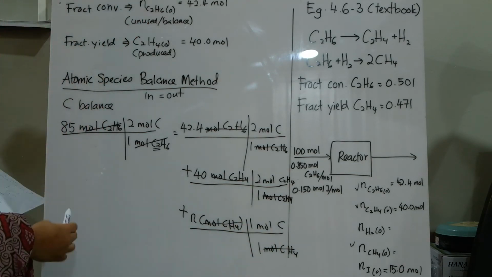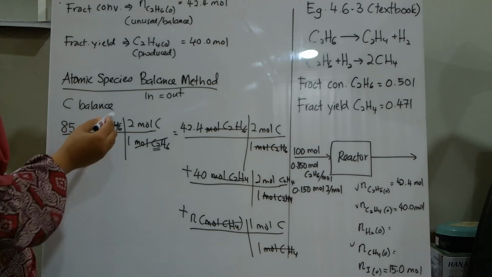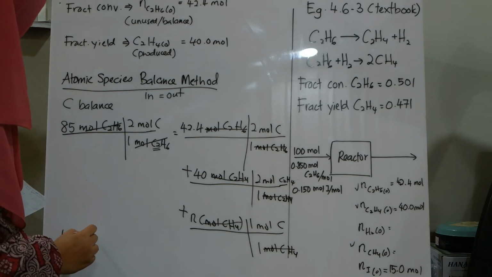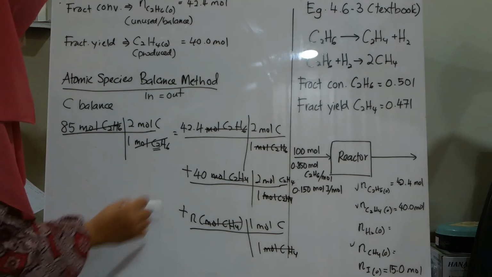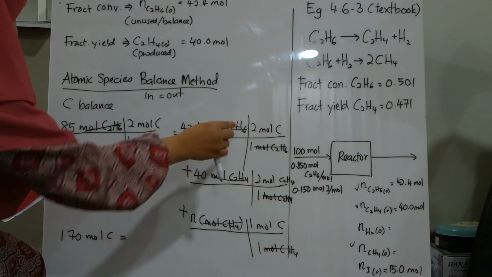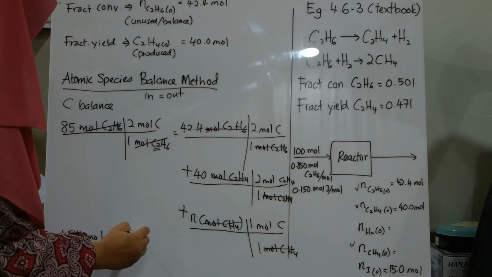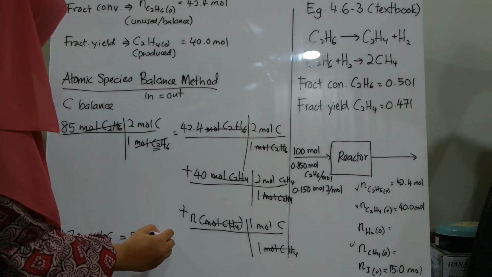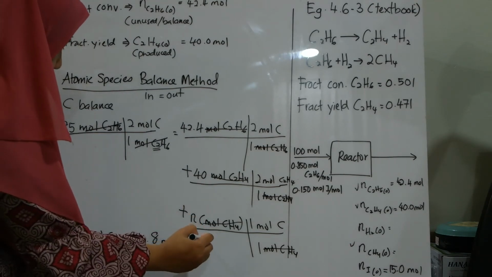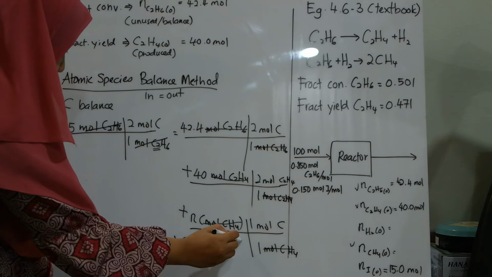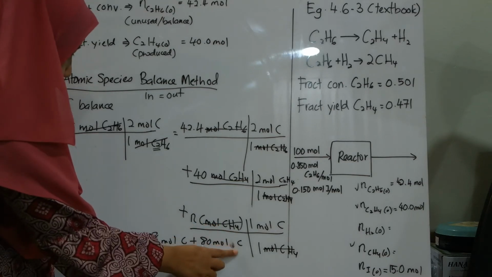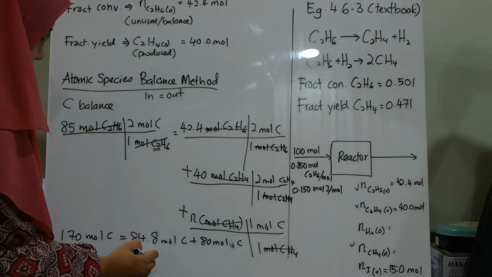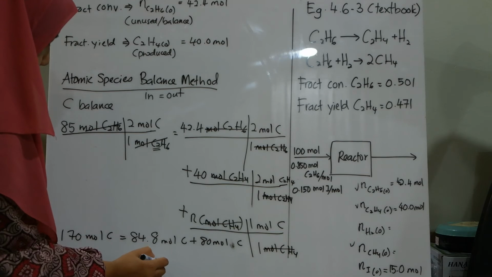So what do we get at the end? We have 170 mole of C equals 84.8 mole of C plus 80 mole of C plus the C for CH4, right?